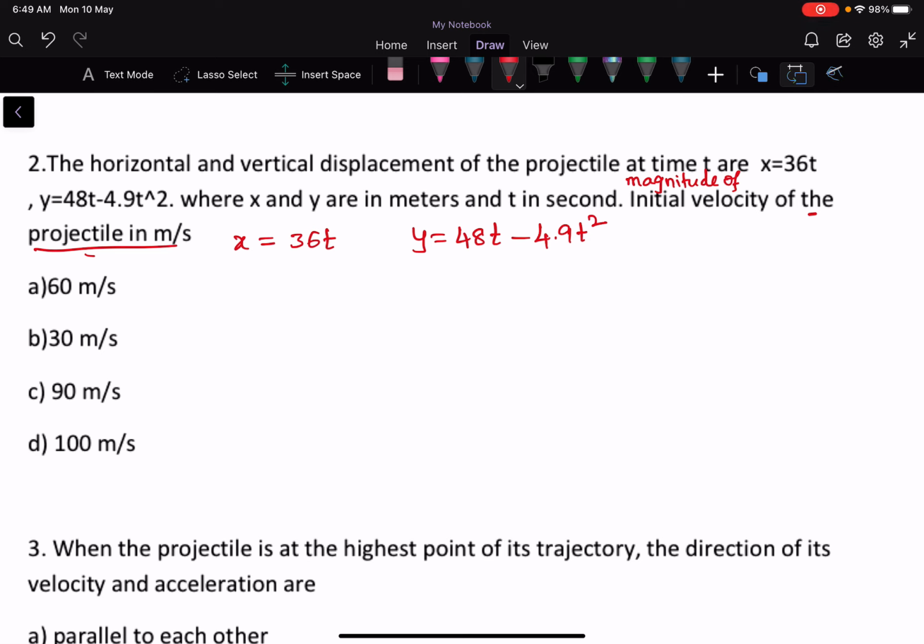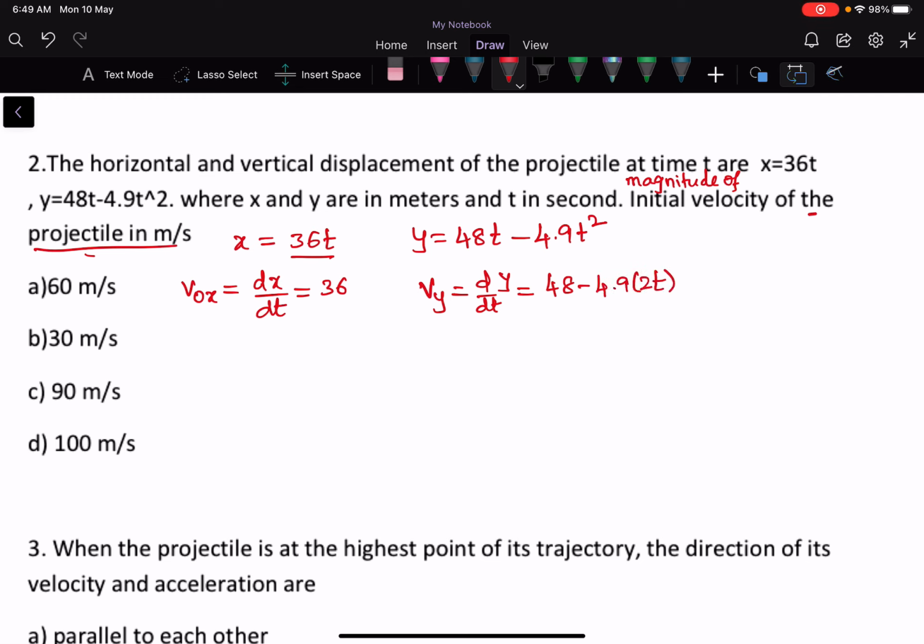Initial velocity is nothing but v0x and v0y, and we need to find the magnitude of them. v0x is the velocity along the x-axis at t equal to 0. Velocity is the derivative of x, d by dt of x. The derivative of 36t is simply 36. Similarly, vy is the derivative of y, that is 48 minus 4.9 into 2t.